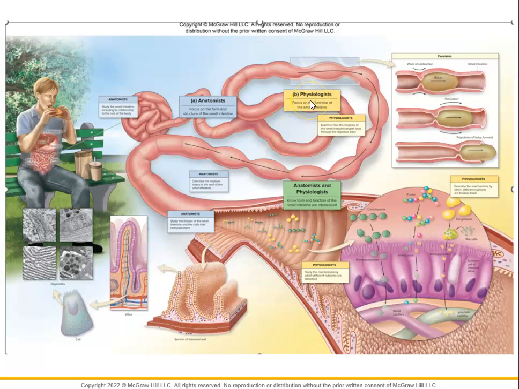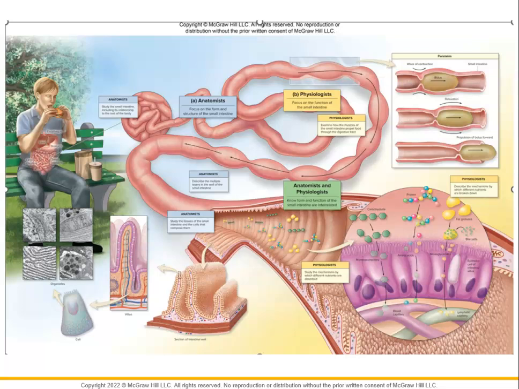Physiologists, on the other hand, are going to focus on the function of the small intestine. And for instance, examine how the muscles of the small intestine contract to push through the food that is in the small intestine, so it passes through the digestive tract. Physiologists would also look at the mechanisms that we use to break down the food products that we eat. I mean, think about it. If we eat a cheeseburger, we're eating cow muscle.